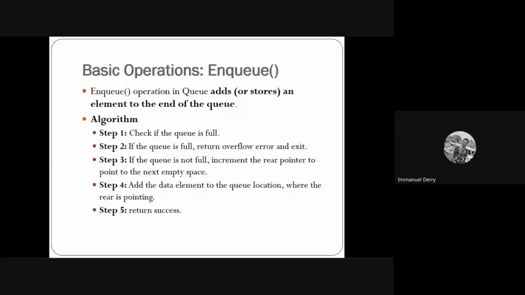And we say we should check if the queue is full. So if it's full, we can't add. And then the other algorithm for the dequeuing. Dequeuing, we are to remove. So we check for emptiness. So if it is empty, we cannot remove anything.